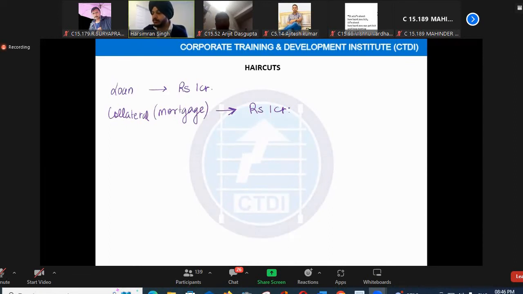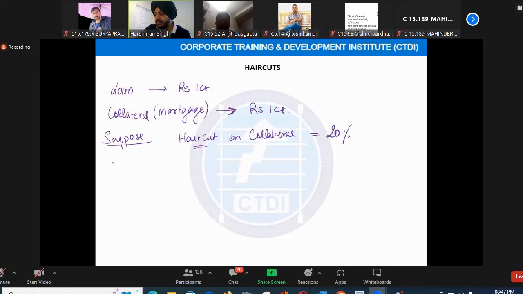RBI says, let us suppose the haircut on collateral is 20%. This means RBI says that in this particular kind of asset, you will not be able to sell it at full value. So take a haircut of 20%.